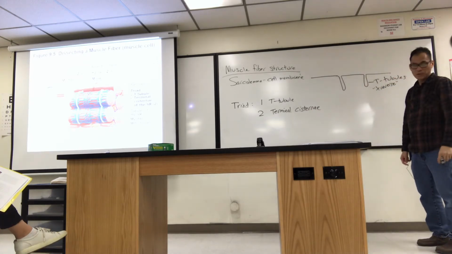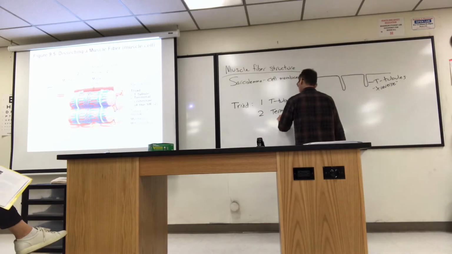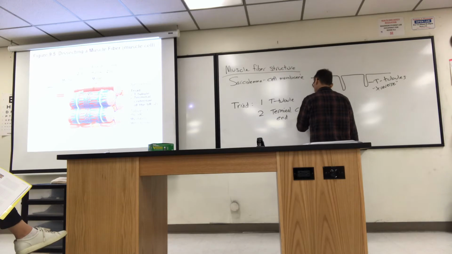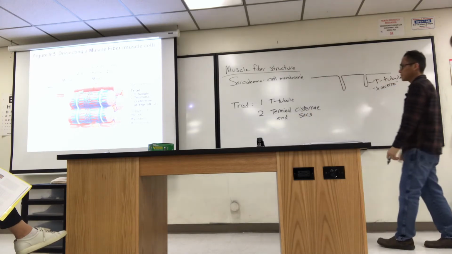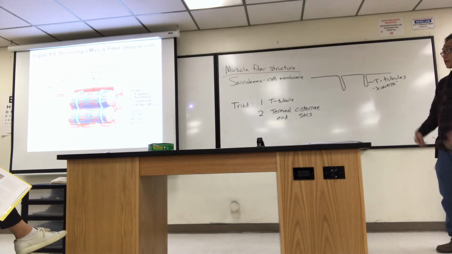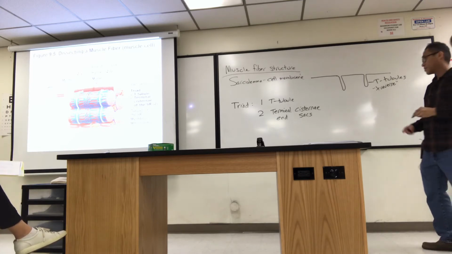Terminal cisterna is a word that means end sac. Terminal means end. Cisterna means sac. So you have two end sacs, and that's a triad. Again, this is where calcium is released. Calcium is released from the end sacs.